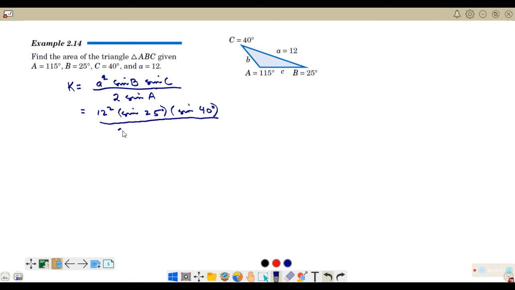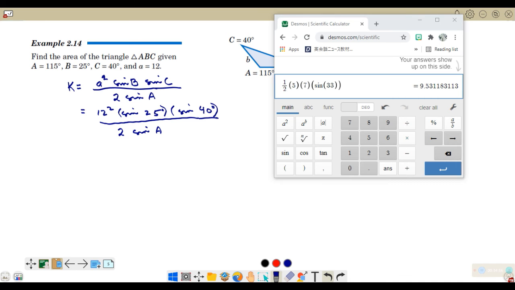Sa baba, we have twice sine of its opposite, sine A. The benefit of having a scientific calculator na right view, kung paano nyo siya sinulat dito, pwede nyo rin siyang i-input sa calculator the same way. So, lagay tayo dito ng isa pang bar or isang line, tapos isolve na natin siya. Tagal lumabas ah.